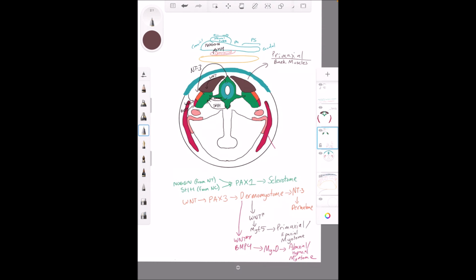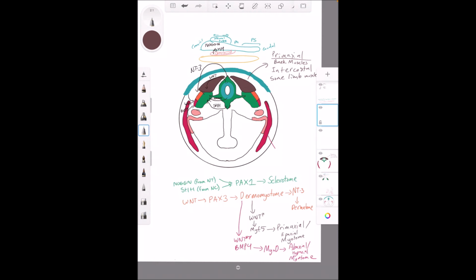According to our lecture, the main ones that you need to know are the muscles of the back as well as intercostal muscles and some limb muscles. I'm guessing maybe like the rotator cuff or something, but overall not much.